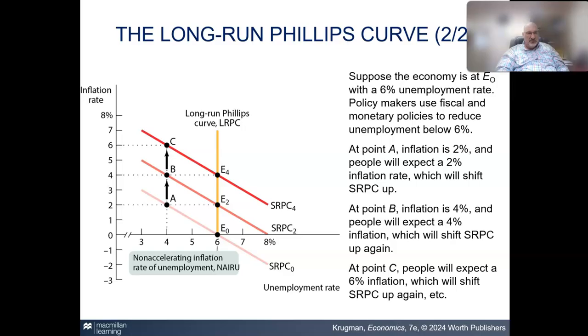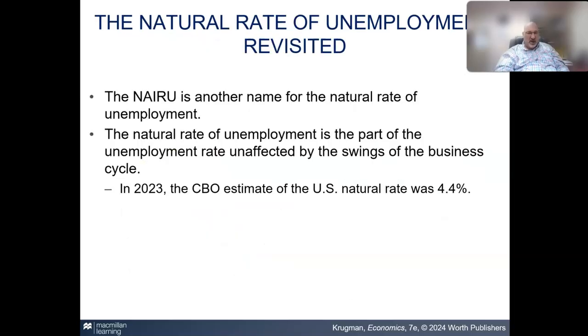That's point C. At point A, inflation is 2%, and people will expect a 2% inflation rate, which will shift the short run Phillips curve up. At point B, inflation is 4%. People expect a 4% inflation, which will shift the short run Phillips curve up again. And at point C, people expect a 6% inflation, which will shift it up again. So that's what they're saying with that.